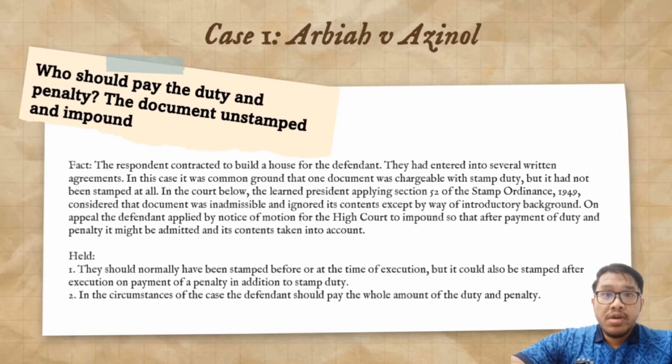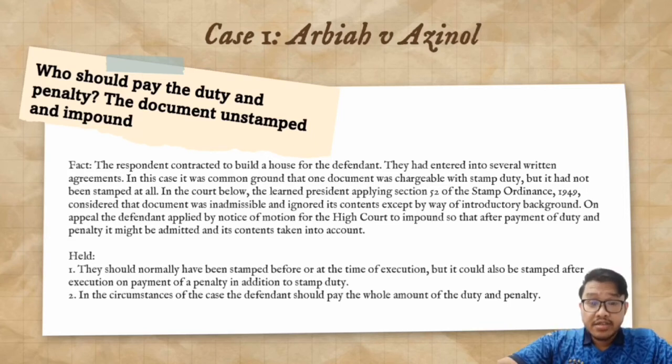In the court below, the late President, applying Sections 51 and 52 of the Stamp Ordinance 1949, considered that the document was inadmissible as evidence and only functioned as introductory background without considering any of its content. So the defendant applied to the High Court by notice of motion to impound the document as it would be usable after the payment of the duty and the penalty.